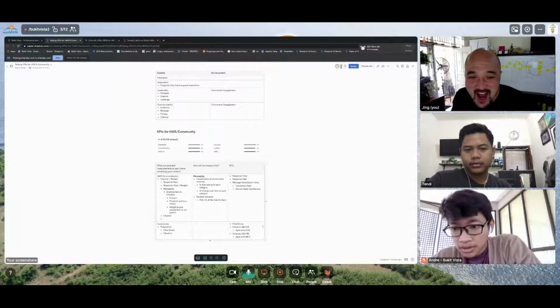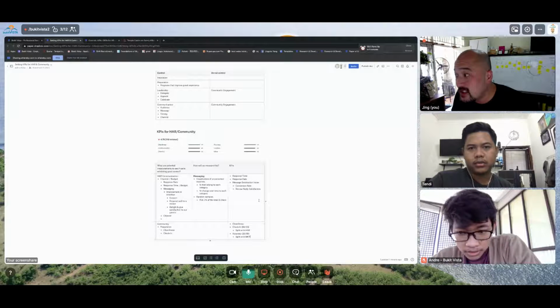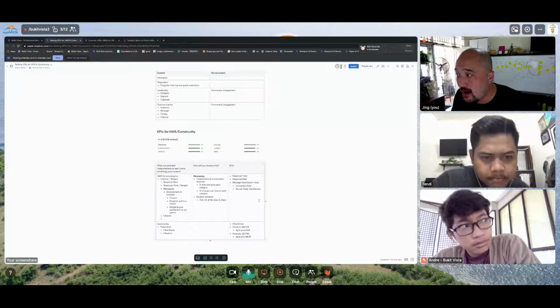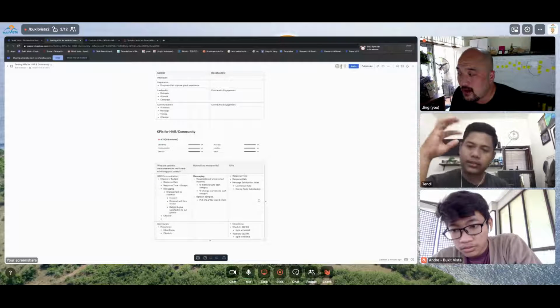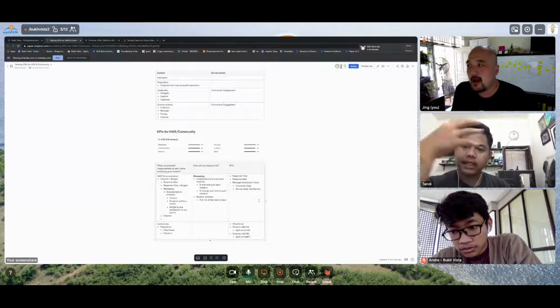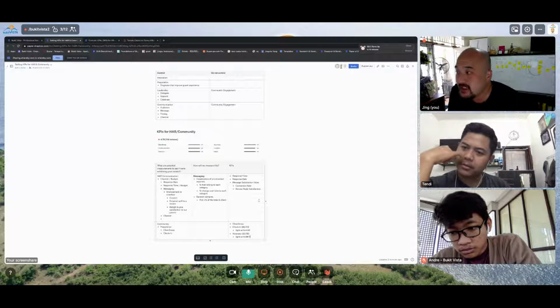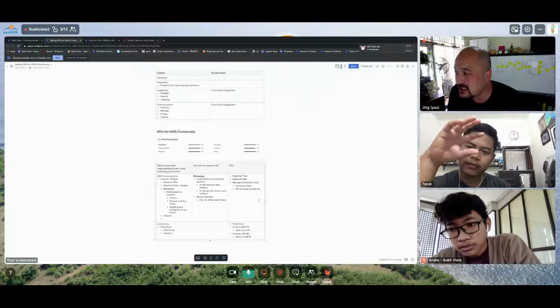Okay. Value. Does value belong to community or to HAR? Value is about the price, or the value of the place. Value is the price I paid versus what I got, right? The expectation versus the reality.